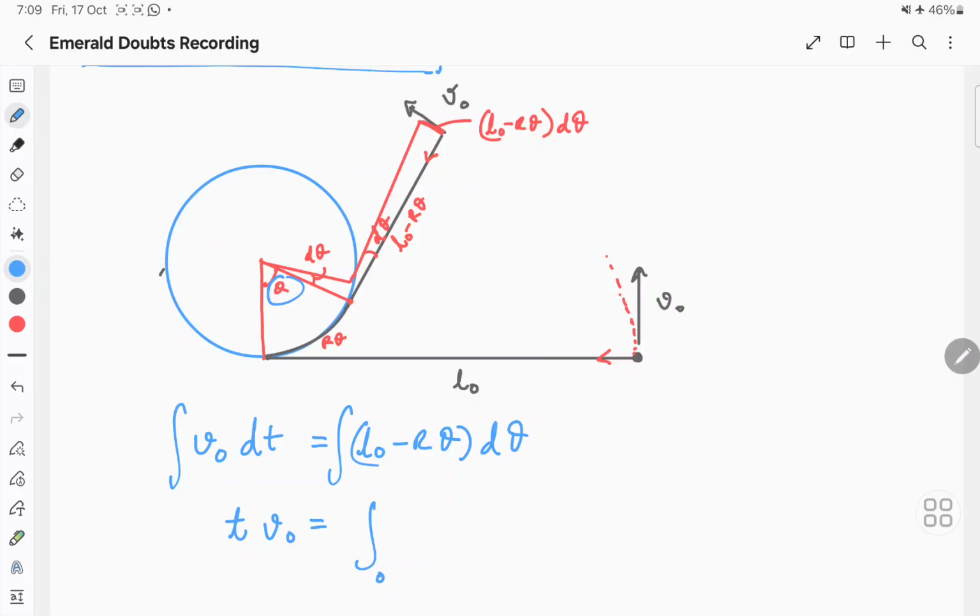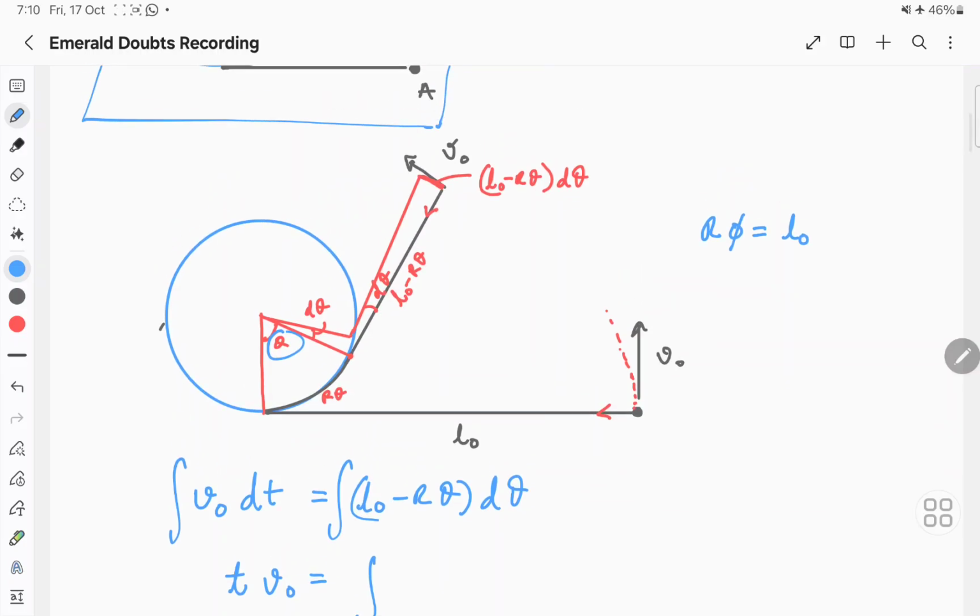Finally it will be what? The string would have wrapped around, and the arc length, say r phi, would be the length of the string L naught.